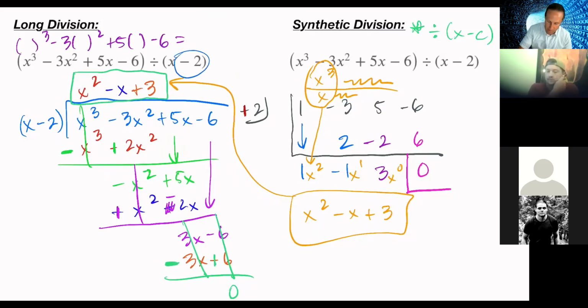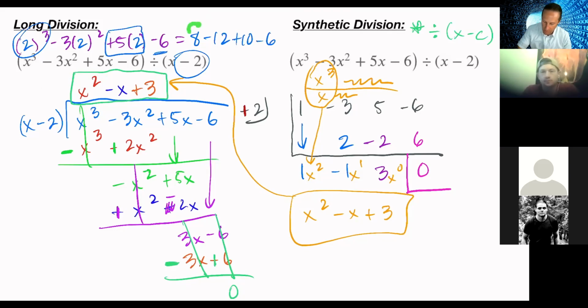Let's plug in our opposite, our 2, and use our order of operations. What is 2 cubed? 8. 2 squared? 4 times the -3. -12. 5 and 2 together multiplied is 10, and then -6.